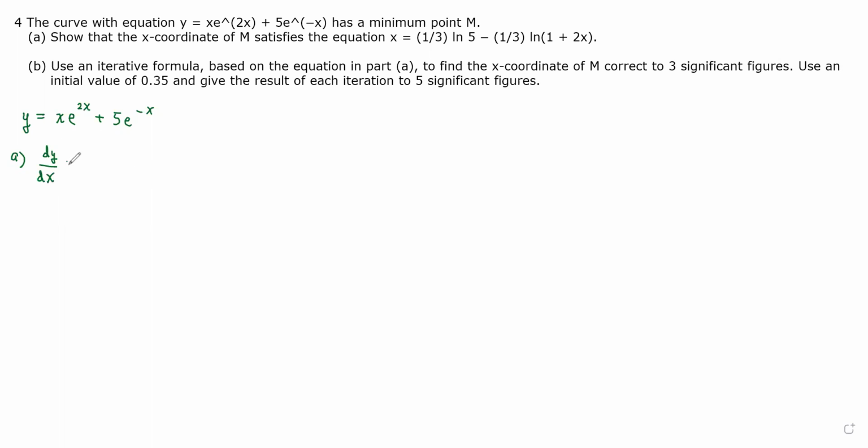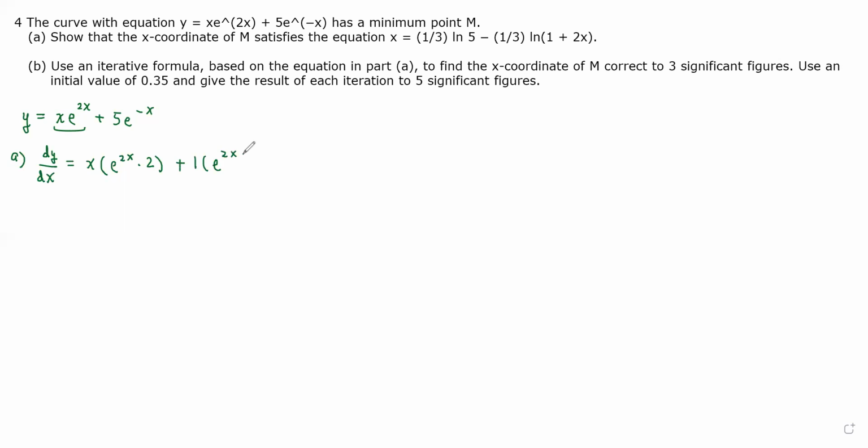So we find dy/dx first. For this first part here, x times e to the 2x, we differentiate this by applying the product rule: keep x and differentiate e to the 2x. That will be e to the 2x times 2. And now when we differentiate x, we get 1.